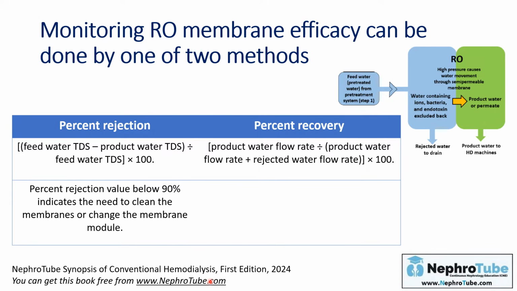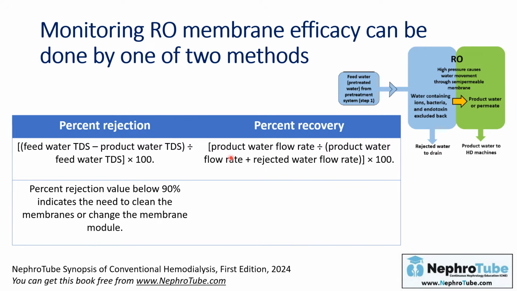The second method to monitor the efficacy of the RO membrane is the percent recovery. I think that it is not commonly used. Here we measure the flow, by measuring the resistivity of the membrane.